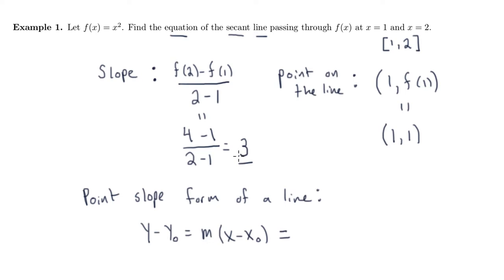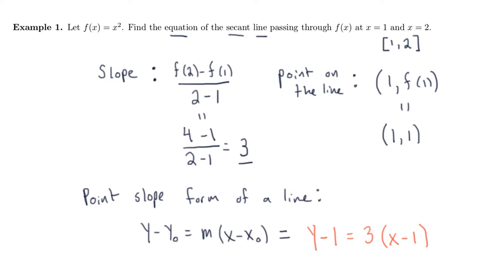So in this case the slope is 3. So my final answer is y minus the y-coordinate of the point I know, so minus 1, equals the slope 3, times x minus the x-coordinate of the point I know on the line, which is 1.